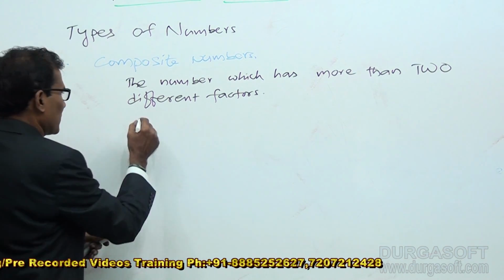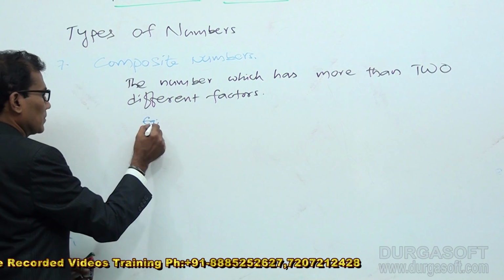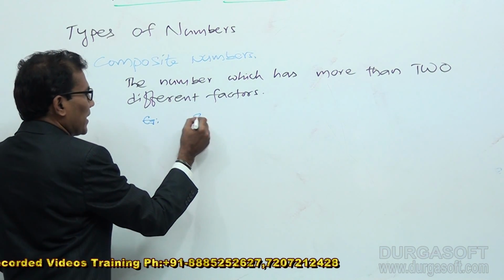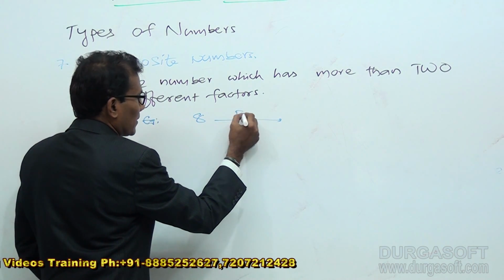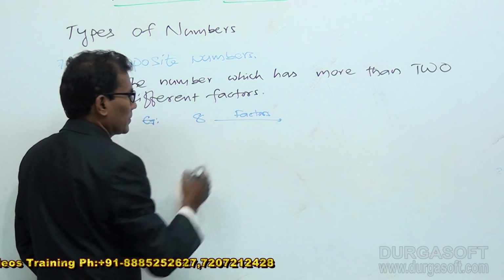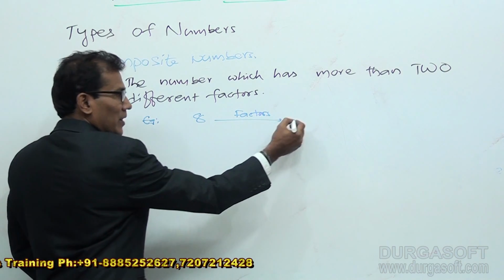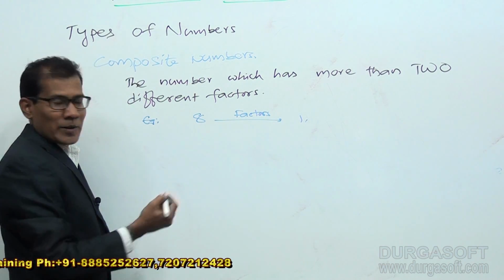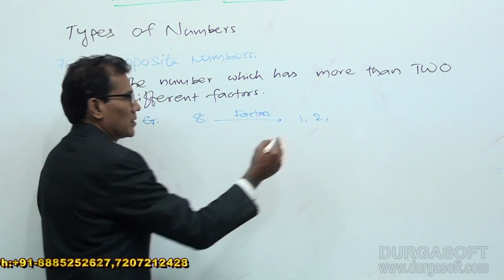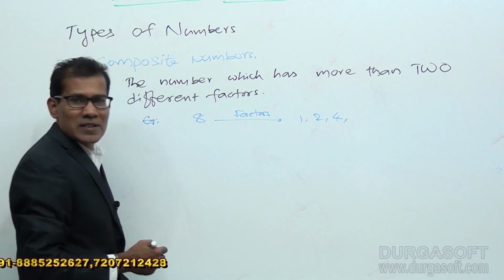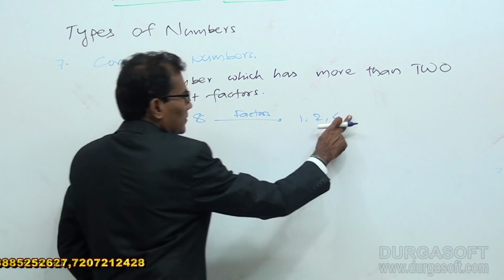Let us take a few examples. For example, I am taking the number 8. Then what are the factors of 8? 8 is divisible by 1, by 2, by 4, and also by 8.